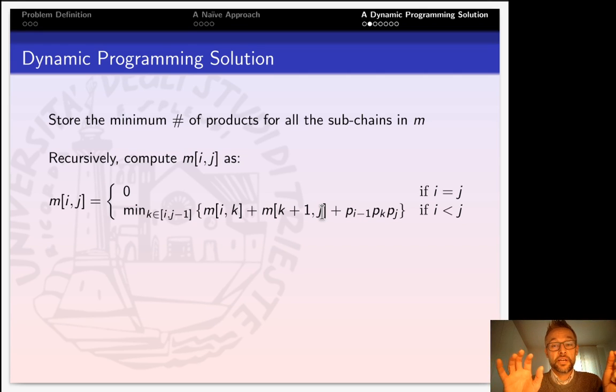This is given basically by recursion, plus the number of multiplications required to multiply the result of the first subchain times the result of the last subchain.